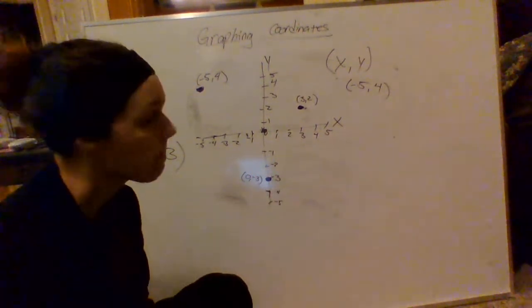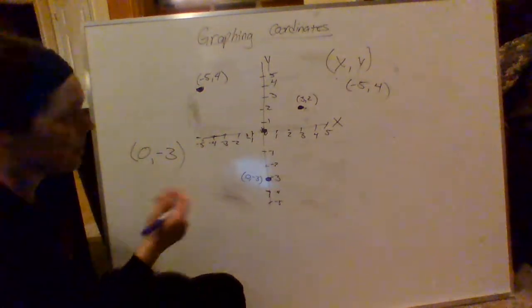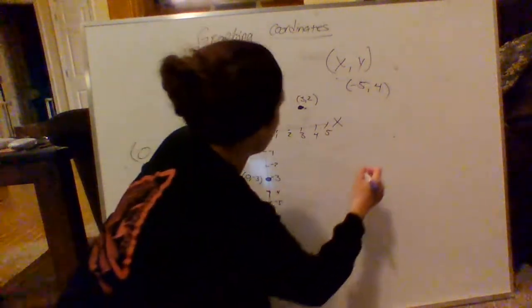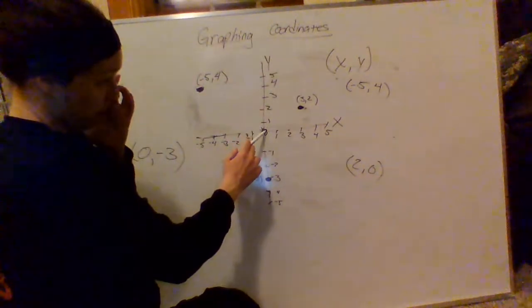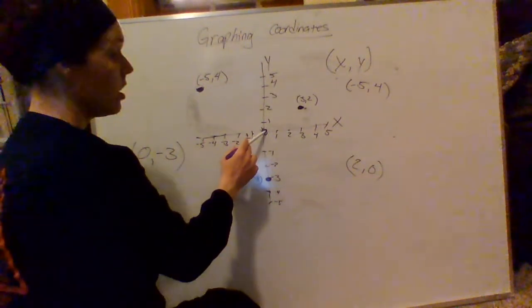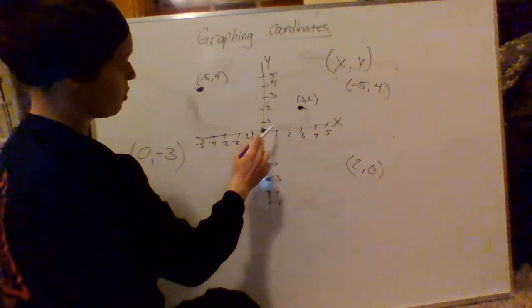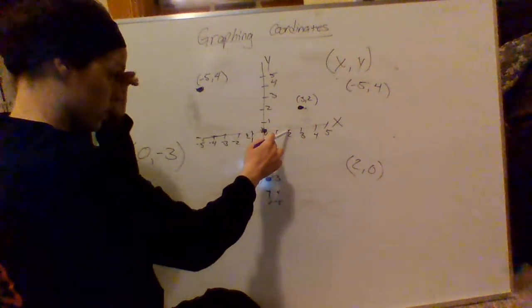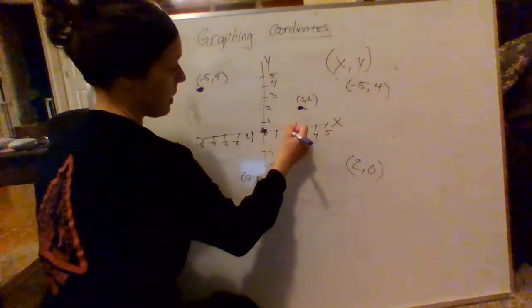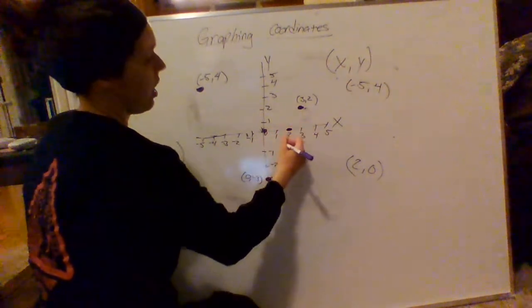And then finally, one more example: 2, comma, 0. Back at my origin, I'm always restarting at the origin. x is 2, so 1, 2. I go right 2, and then it says 0, so I go 0 spots up or down, so I stay where I am.